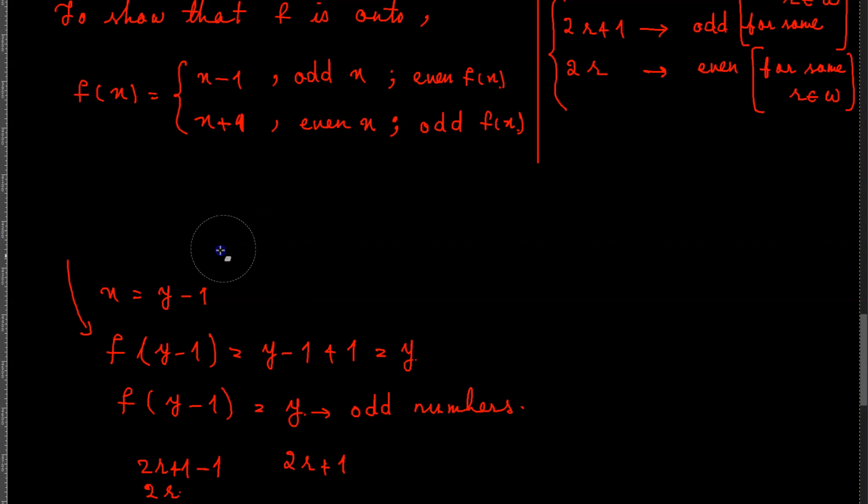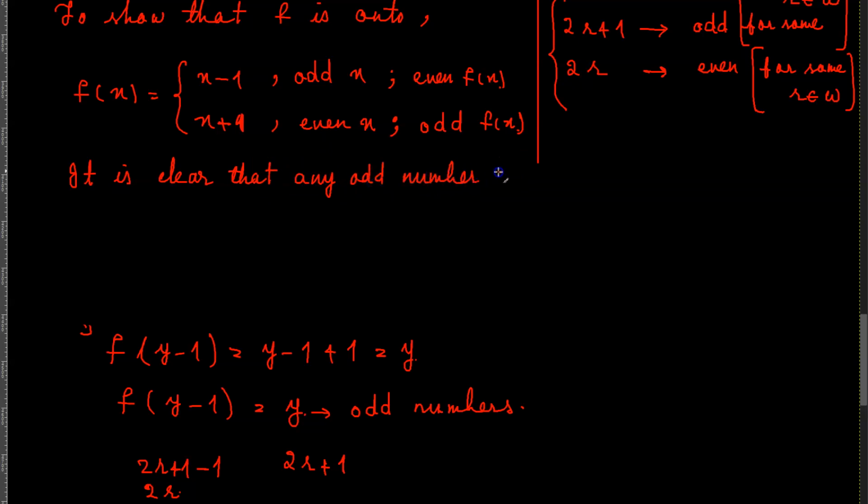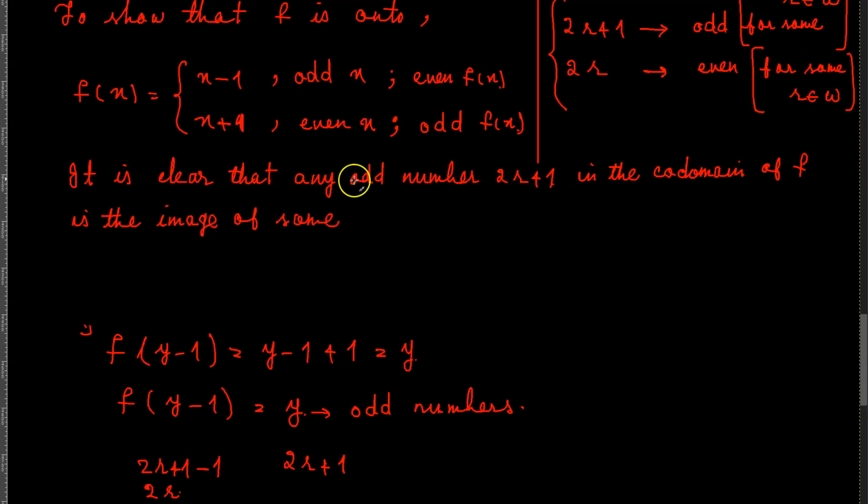Which means that I can write that it is clear that any odd number 2r plus 1 in the codomain of f is the image of some 2r in the domain of f.